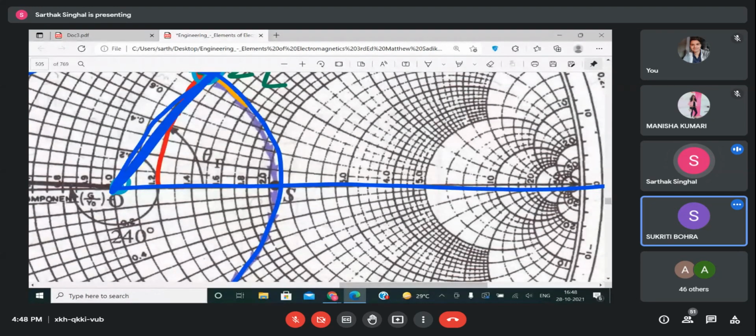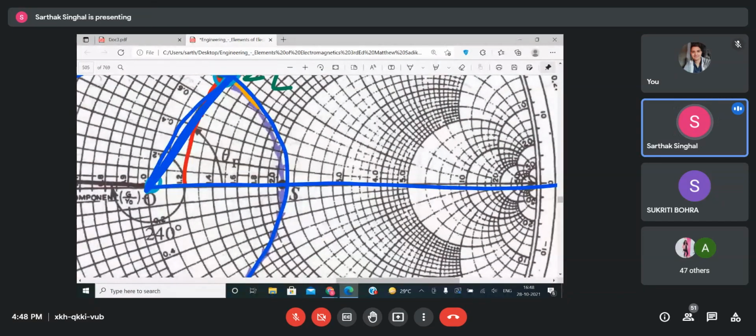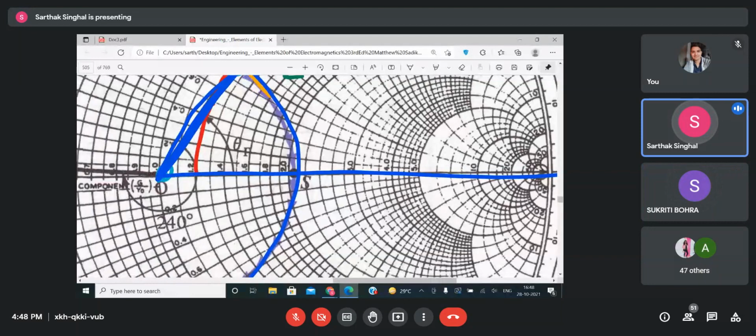How will you calculate this value? At what point is it meeting? See, are you able to see 1.2, 1.4, 1.6, 1.8, 2 and 3 values? In between, multiple sub parts are drawn, right?